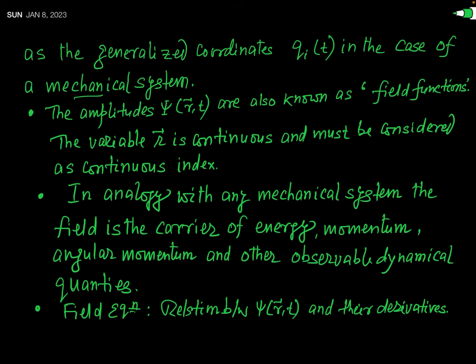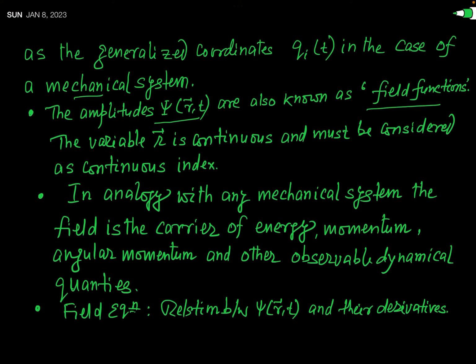In fact, this amplitude psi of r,t is also known as field functions. These psi of r,t are called field functions, and they may be considered as the degree of freedom for the corresponding field.